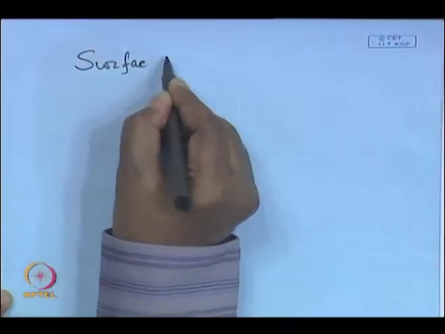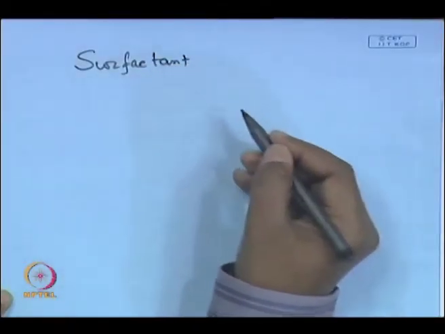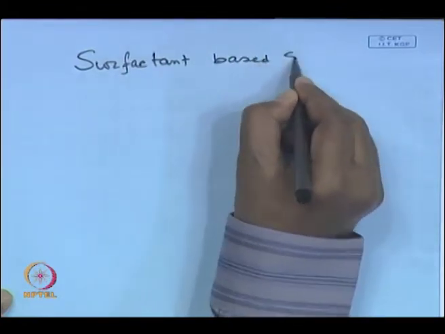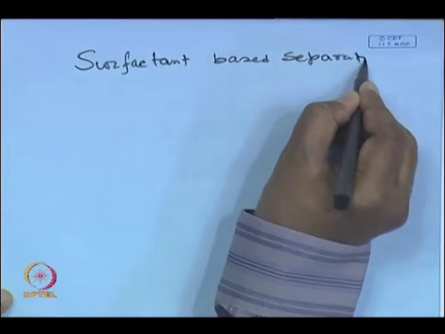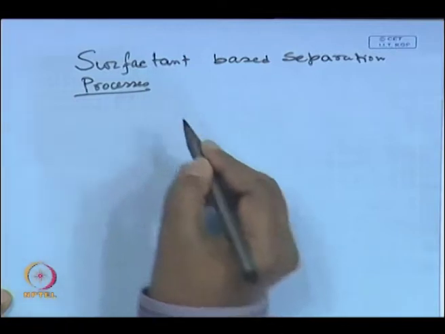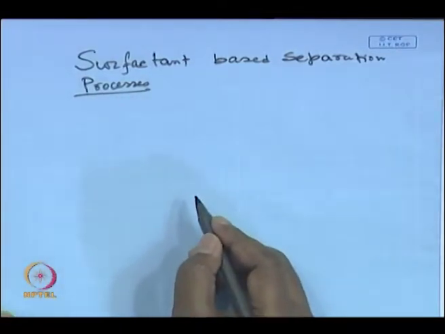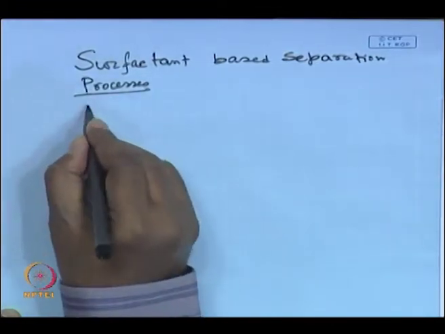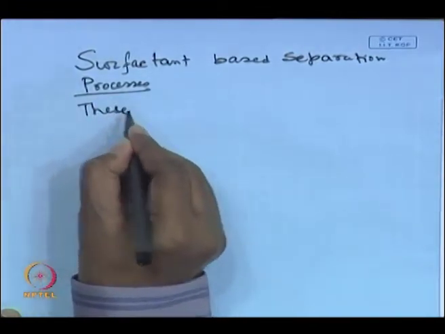Okay. So, next we go over to the next topic, that is the surfactant based separation process. That is very important. This is a type of novel separation process, surfactant based separation processes, and these processes have been developed in the last 30 to 40 years, okay, maybe maximum up to 50 years.